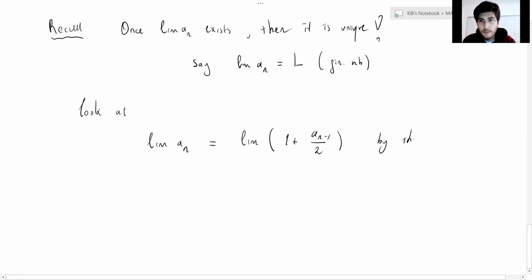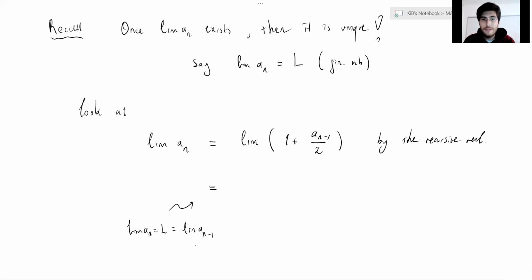Clearly, the limit of a_n is L. Of course, if you rearrange the indices, the limit of a_{n-1} is also exactly the same number. This is just the indexing problem. At the end of the day, n approaches infinity.